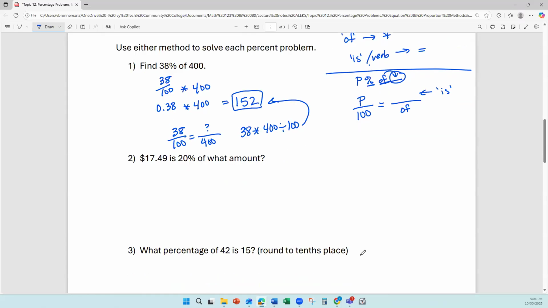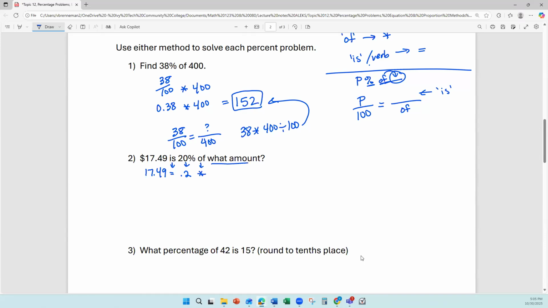Next one, 1749 is 20% of what amount? So this is not 20% of 1749. We're not doing a multiplication. In the equation form, we would write this: 1749 becomes equals, 20% becomes 0.2. Of is the times, the multiplication. What amount is the unknown?